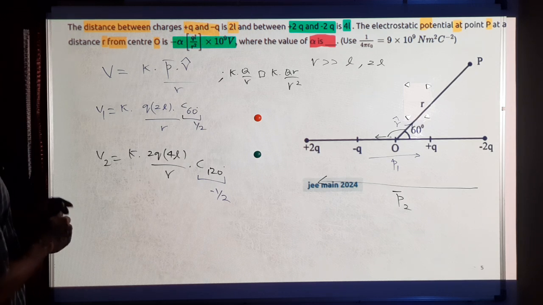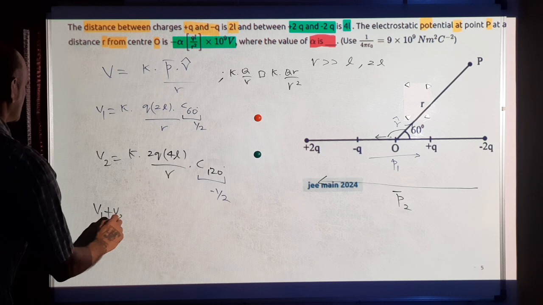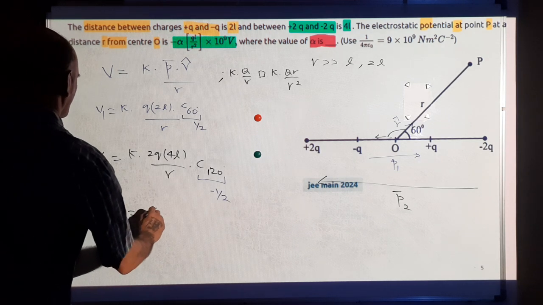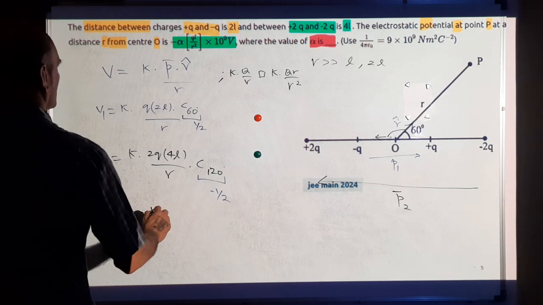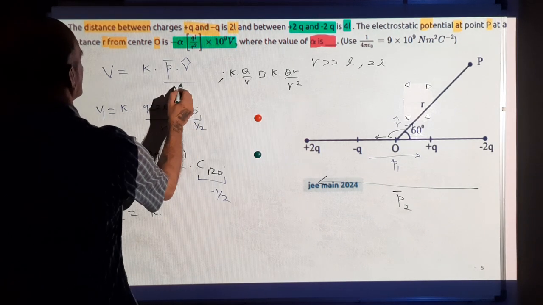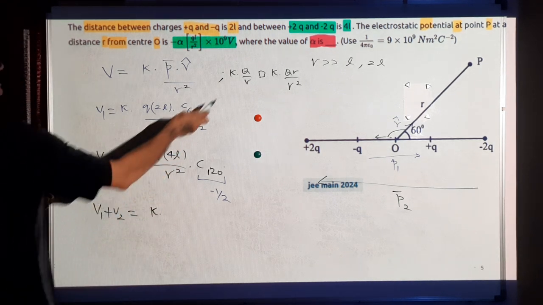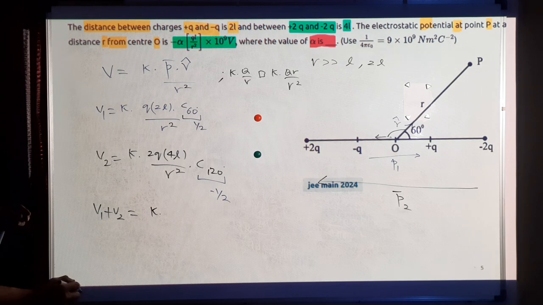So the total potential is, by superposition, the sum of the individual potentials V1 plus V2. So K, if we take QL by this R square, because for a point charge it's QK by R, and it becomes by R square for a dipole.